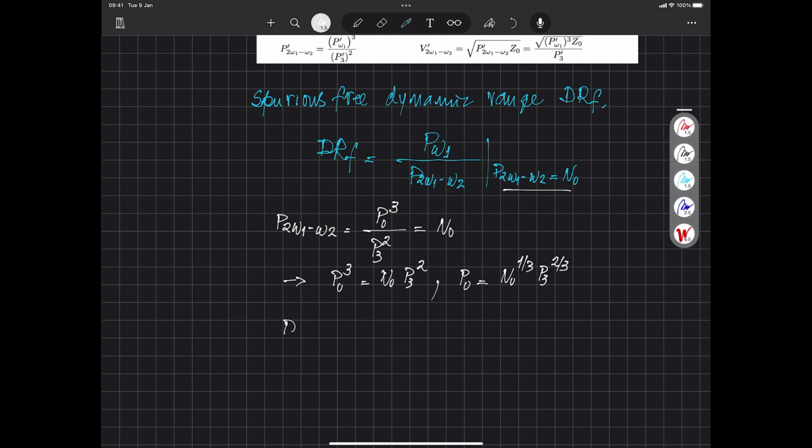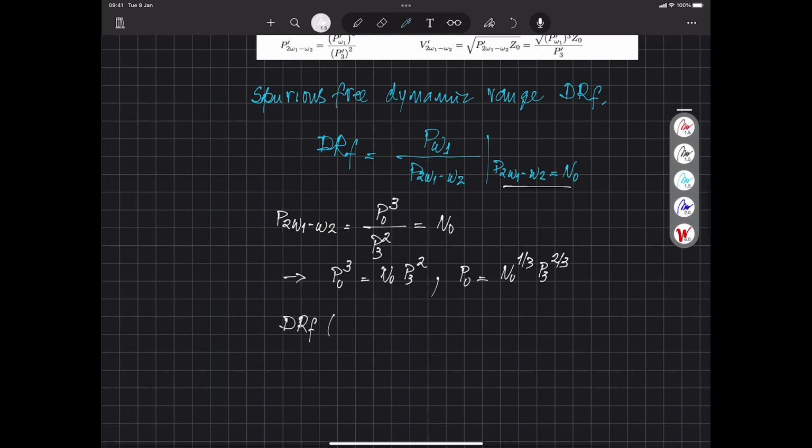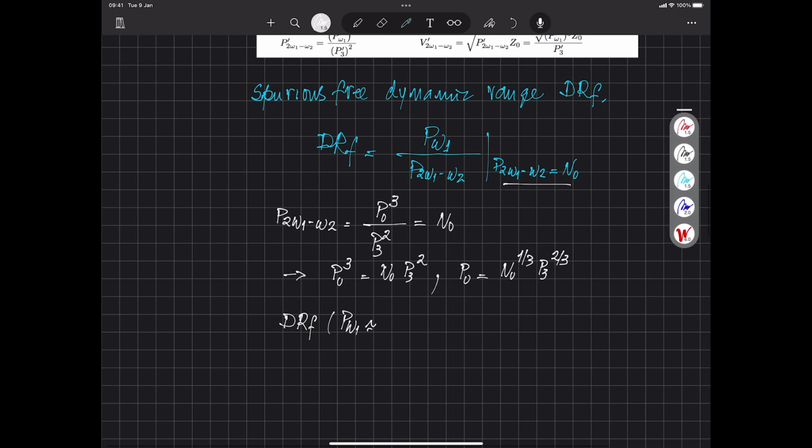And from this we get that the spurious free dynamic range, assuming that the power at the fundamental frequency is approximately equal to the linear power level, is P naught over N naught.